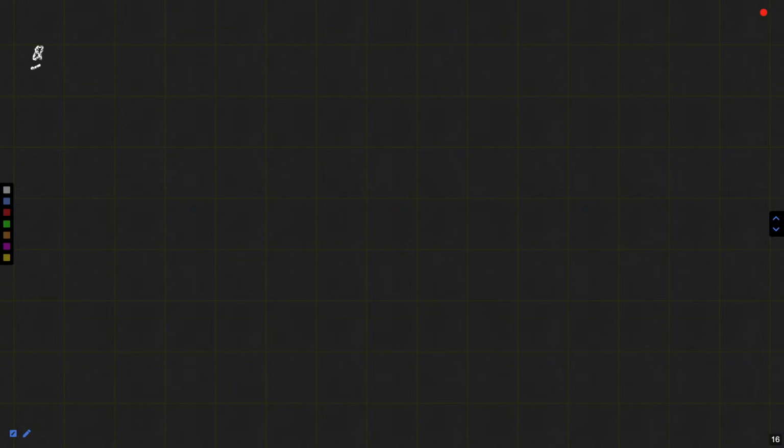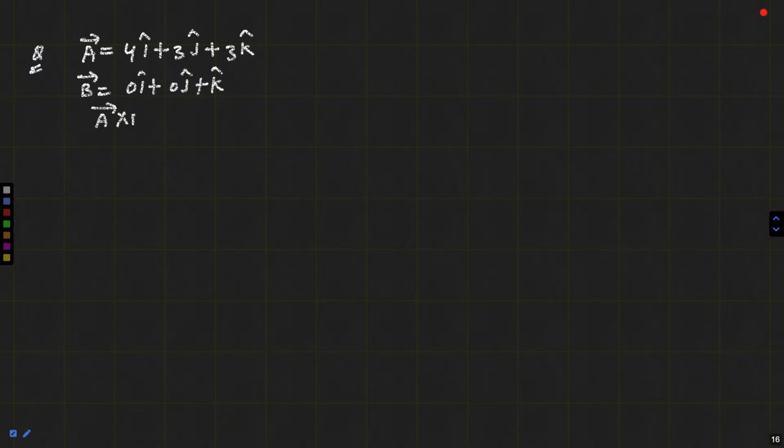Now A vector is equal to 4 I cap plus 3 j cap plus 3 k cap, and B vector is equal to 0 I cap plus 0 j cap plus 1 k cap. Now what is A cross B? Please solve.